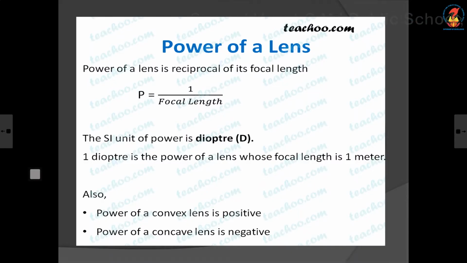One more definition is there, that is the reciprocal of its focal length in meters. Now, the SI unit of power is diopter.